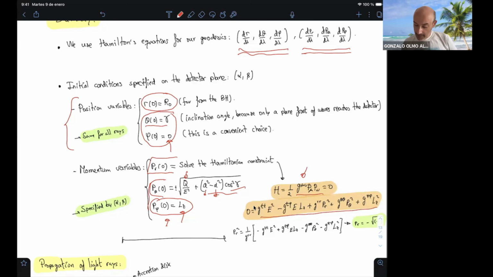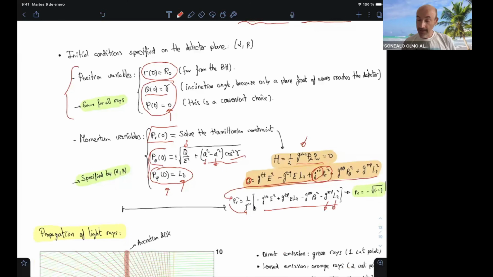Since all this is 0, we just isolate this term and put it here. The GRR comes to the other side, dividing, and then we put all these things. And we already know the form of the metric. So this is what determines the radial momentum.